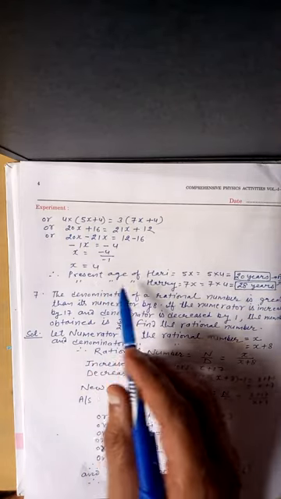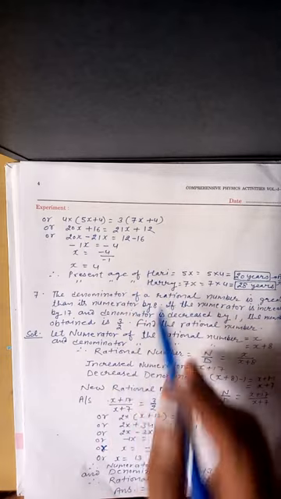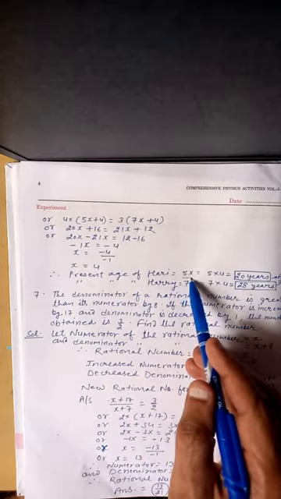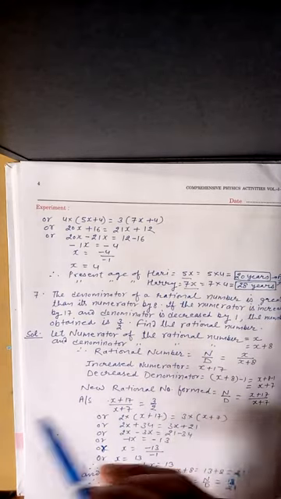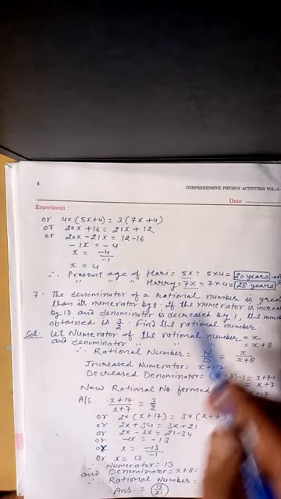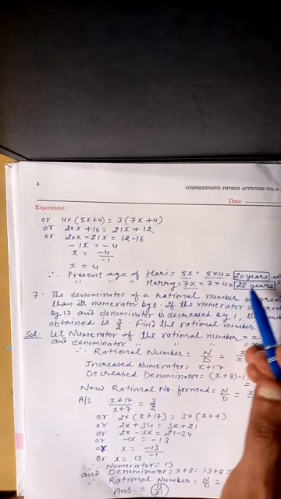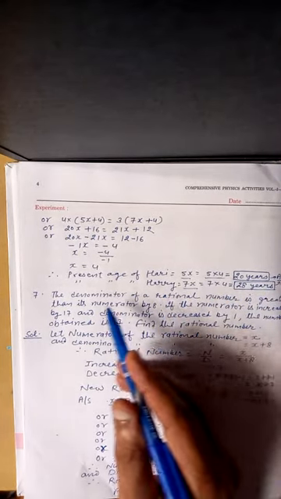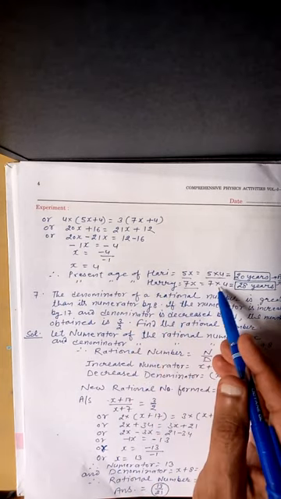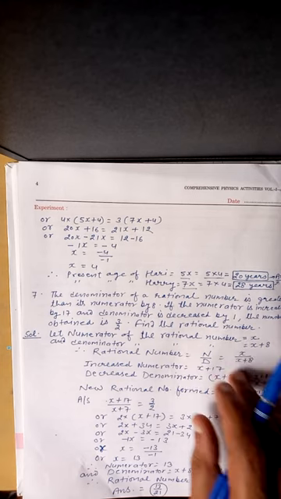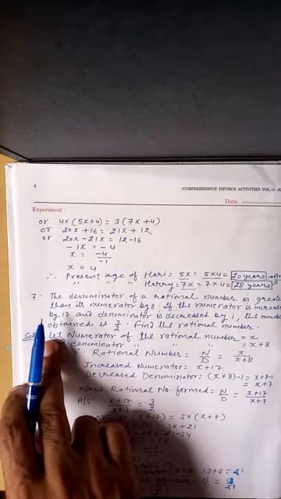Now we have to find the present ages of Hurry and Harry. We supposed their present ages 5x and 7x and the value of x is 4. Therefore the present age of Hurry is 5 into 4 is equal to 20 years and the present age of Harry is 7 into 4, 28 years. In the same way, question number 7.